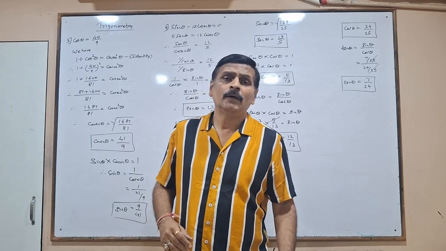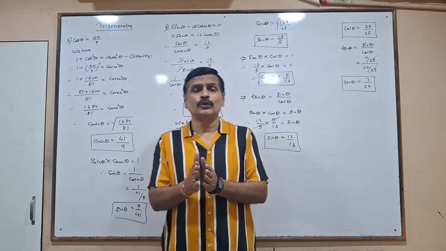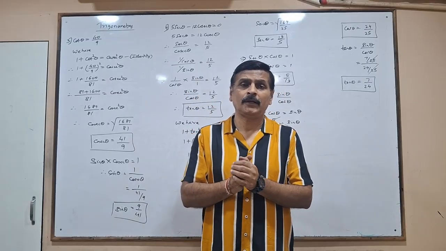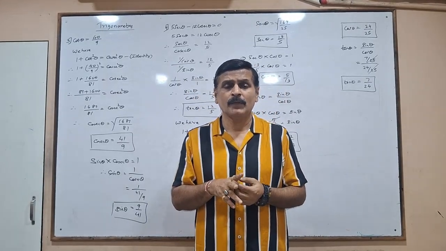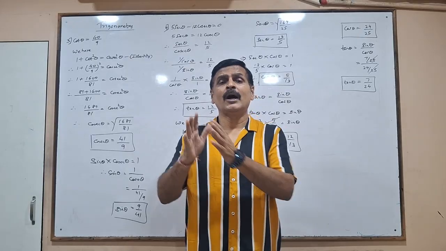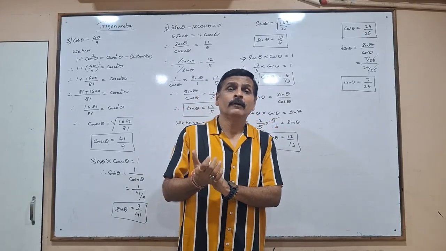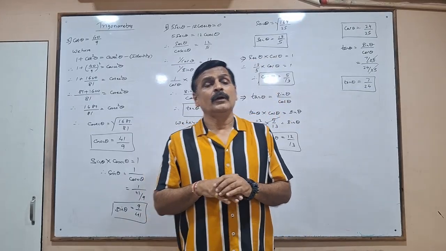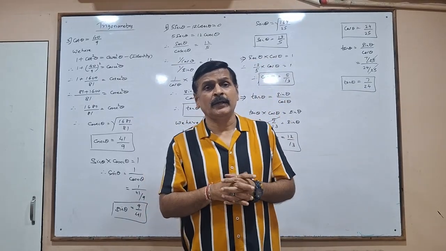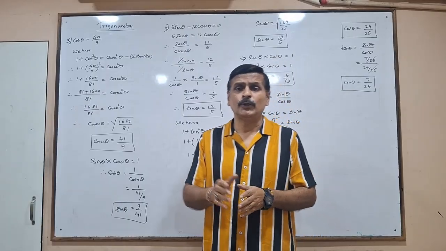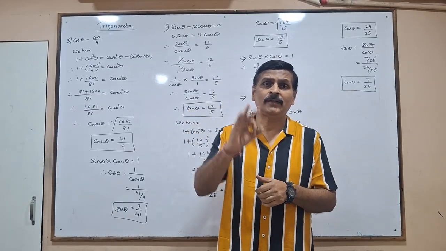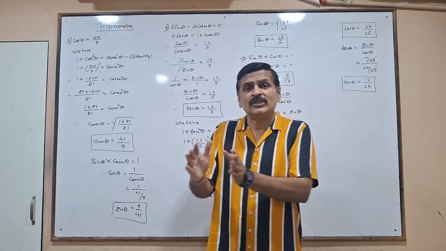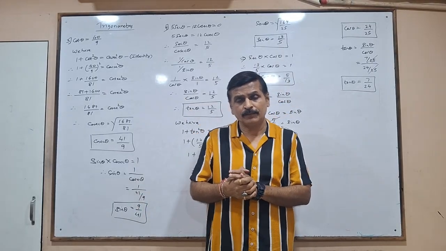I hope till here you have understood the basic questions of trigonometry which can be asked in exam, and how to solve them by using the 5 relations and 3 identities. When you are preparing trigonometry, it is very, very important that you write these 5 relations and 3 identities at the start, and then only start solving the chapter.